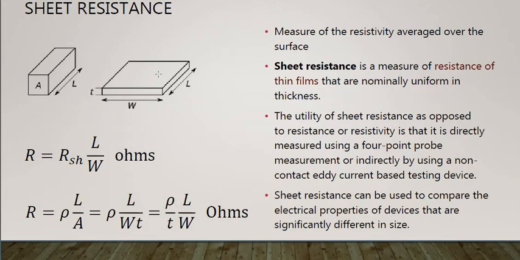The utility of sheet resistance, as opposed to resistance or resistivity, is that it is directly measured using a 4-point probe measurement, or indirectly by using a non-contact eddy current based testing device. Sheet resistance can be used to compare the electrical properties of devices that are significantly different in size.